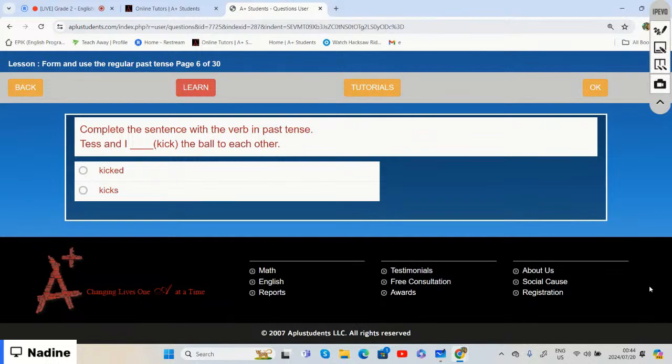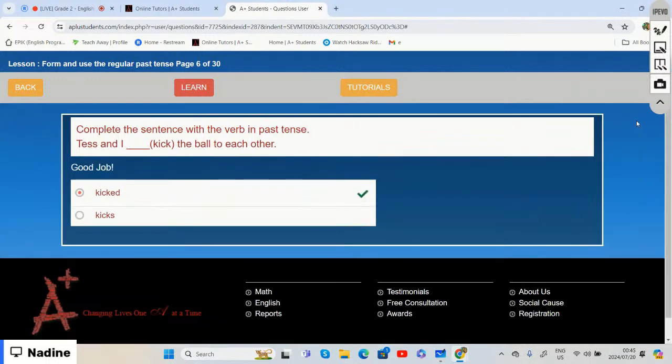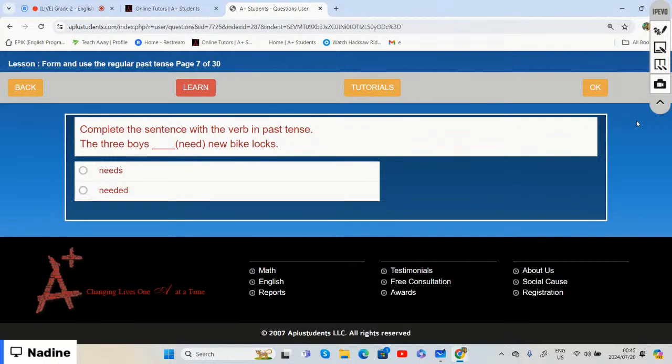And we said with the regular past tense, we basically add an ed. So we say Tis and I kicked the ball to each other. All right, and kicked is correct. So well done.